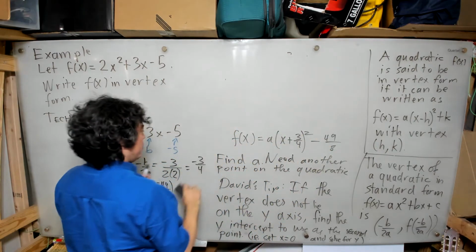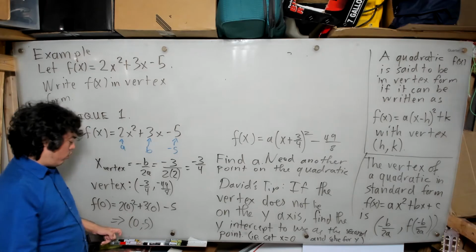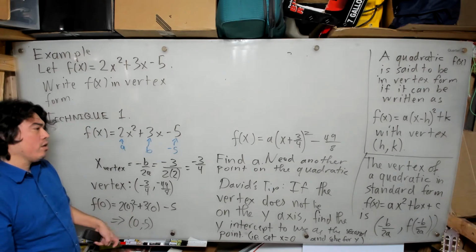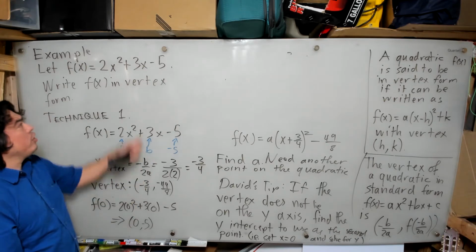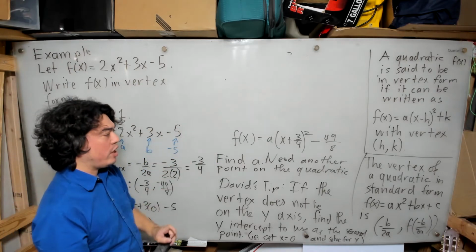First of all, what does it mean that this point is on the graph? It means that it must make the equation of the quadratic true, whether it is in standard form or vertex form.